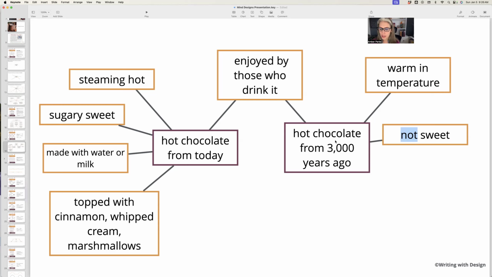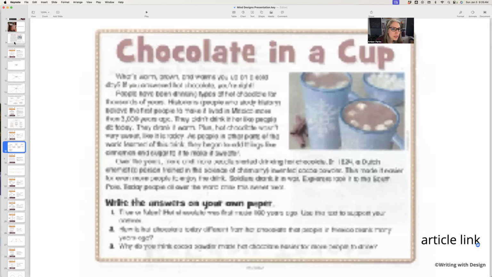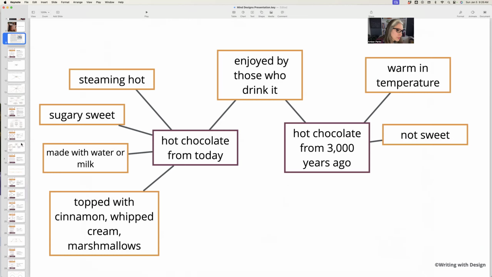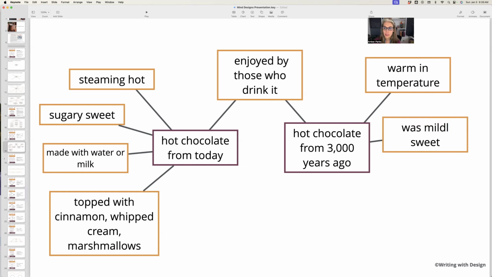Warm in temperature. Hot chocolate from 3,000 years ago was warm in temperature. And that's what they said too. Wasn't very sweet. We could say that wasn't very sweet. That's a little bit of a different way of putting it. Okay. Or how about was mildly sweet? There we go.